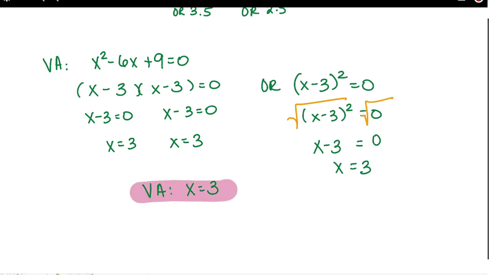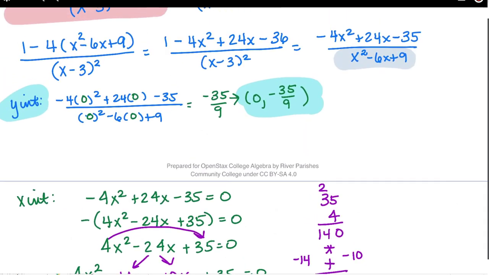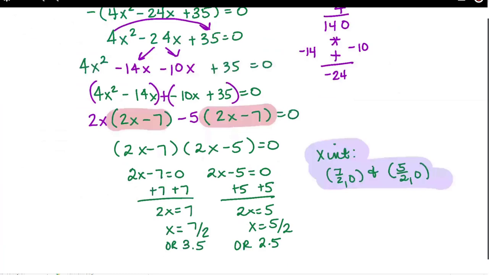All right, one more thing to go, and that is our horizontal asymptote. So we need to go back and see what our original function was. I'm going to take where it was simplified right here. I'm going to copy that and put it down here so I don't have to retype the whole thing.